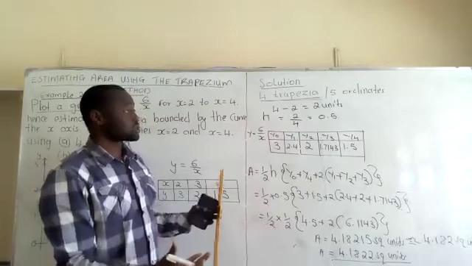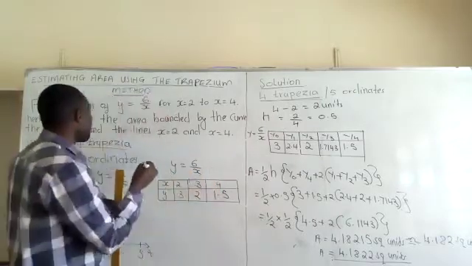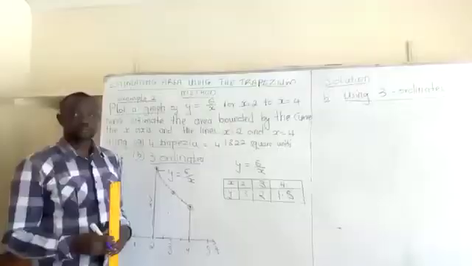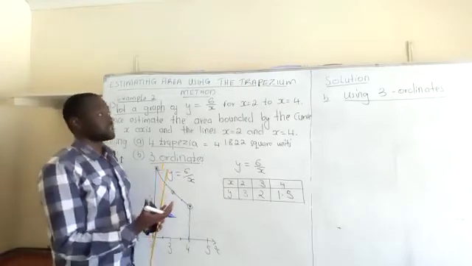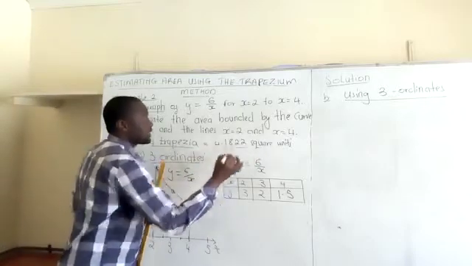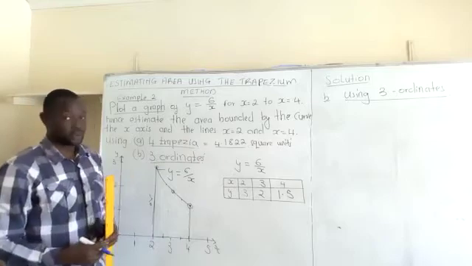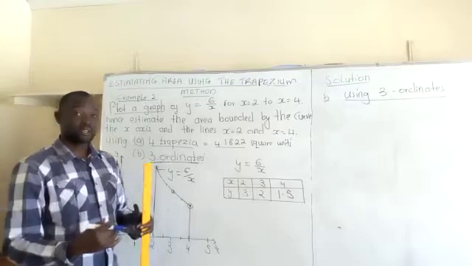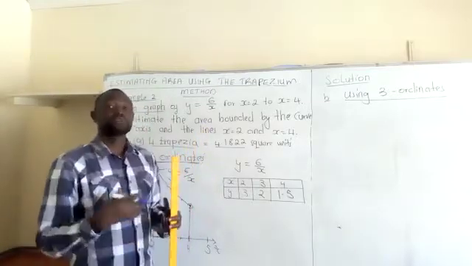Let's look at a situation where by now we need to use 3 ordinates. So we've seen when we use the 4 trapezia, the 5 ordinates, we are getting the area as 4.1822 square units. What if now we need to use 3 ordinates? Remember we are saying when you have 3 ordinates, then those are boundaries of 2 trapezia.